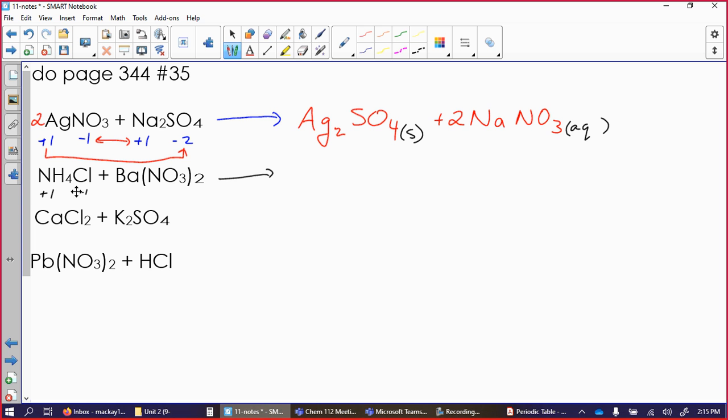+1, -1, +2, -1. Ammonium nitrate goes together, +2 and -1, so I need barium chloride. 2 chlorines, 2 chlorines, 2 ammoniums, everything's balanced.